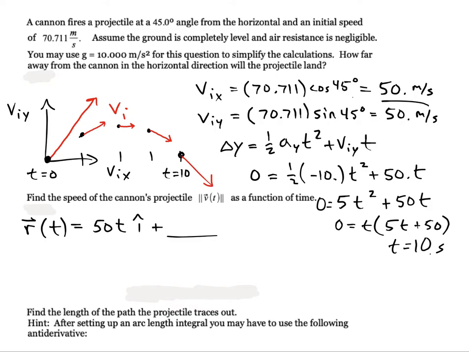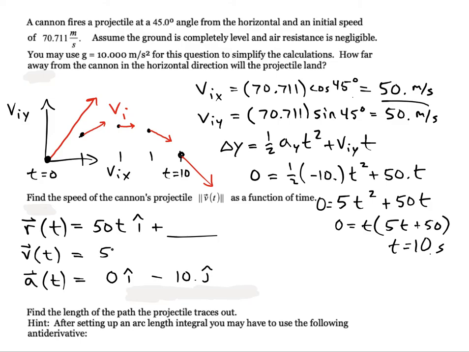Well, you may wish to do what I did in my previous problem, which is to consider what the acceleration of this object would be. It would be 0 in the horizontal and negative 9.8, or negative 10, in the vertical. Then you can come up with your velocity function by integrating.